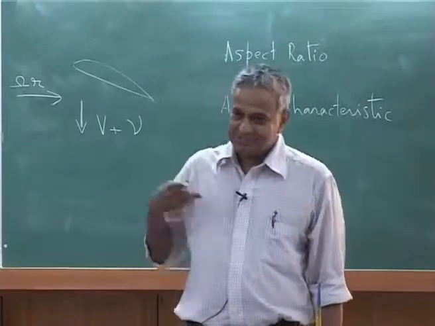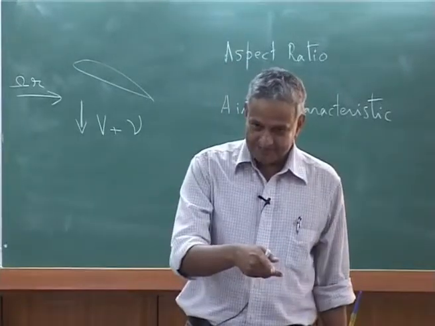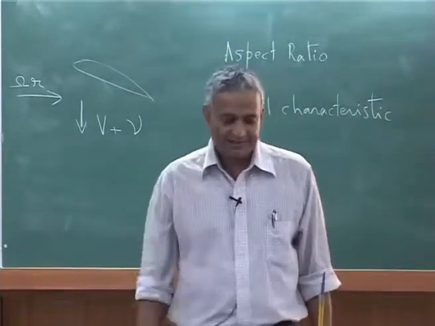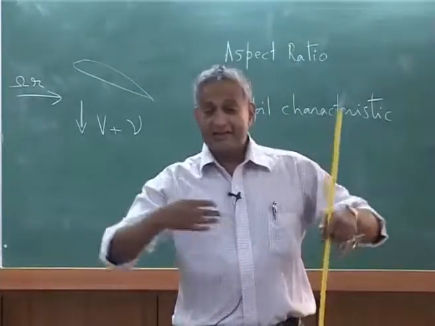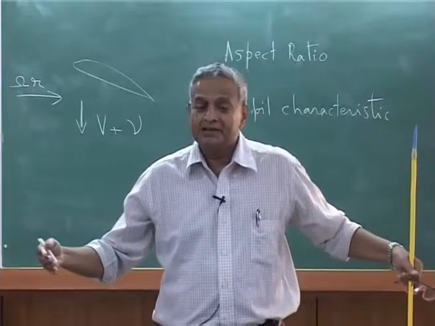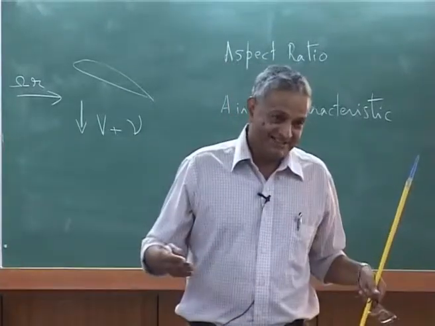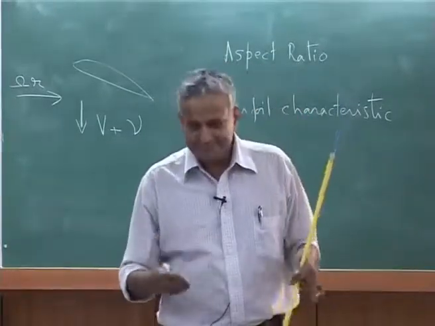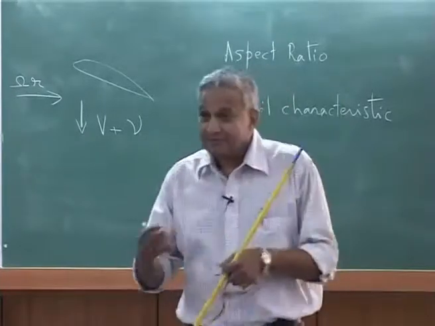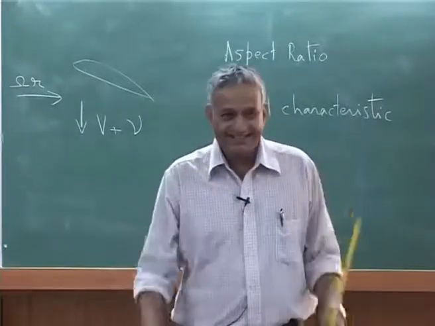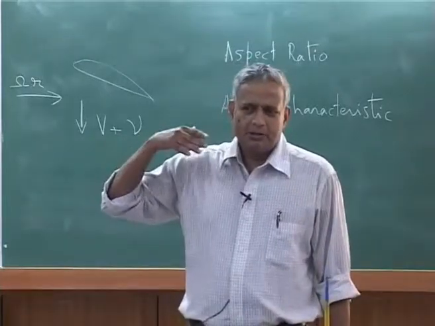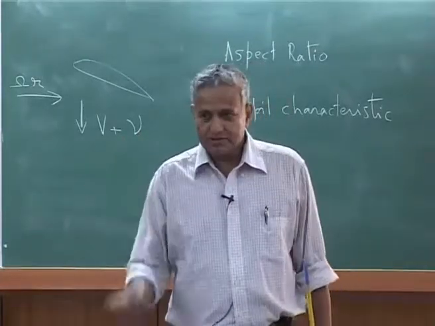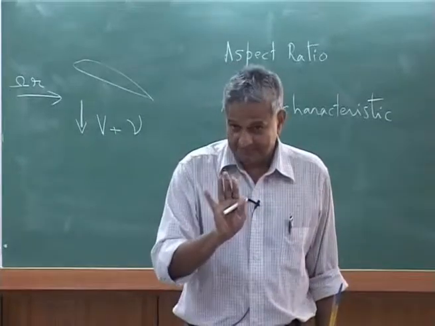So, either I prescribe the wake structure, that is relatively easy, but if I do not prescribe, I say okay, let it evolve by itself, that is the free wake theory, but it is more complex. Even prescribed wake and free wake, both are complex. Now, of course, people have developed their own computational codes using vortex theory.